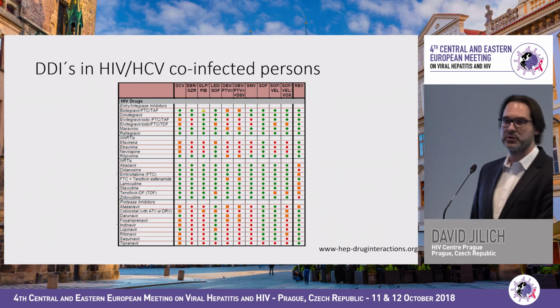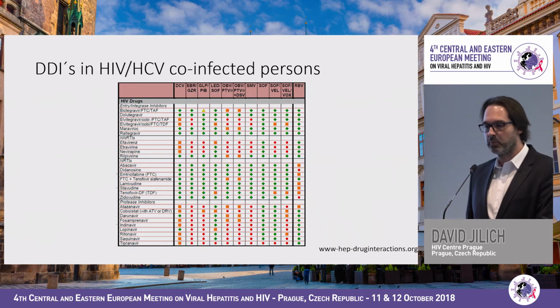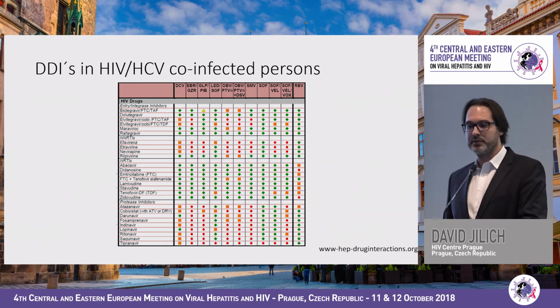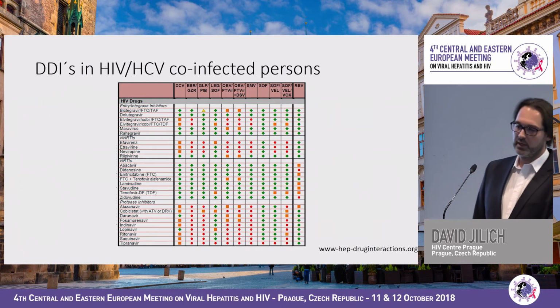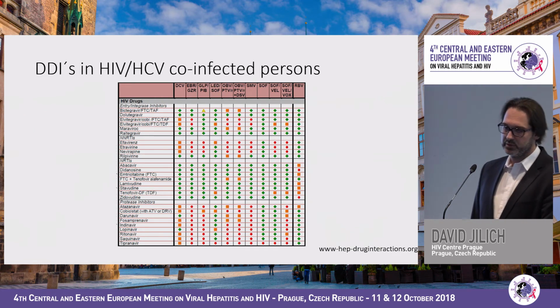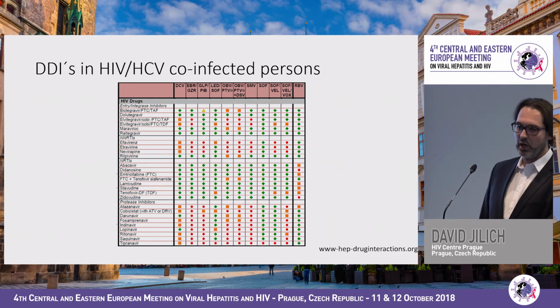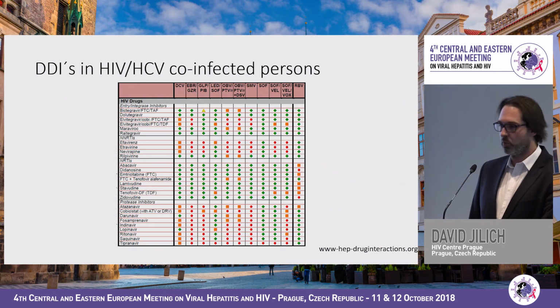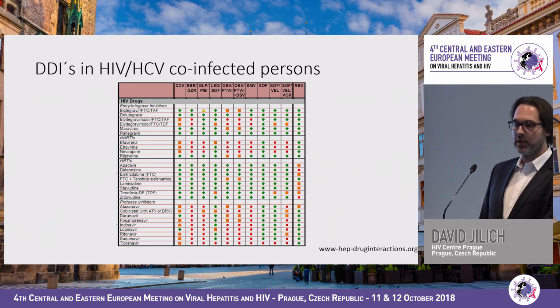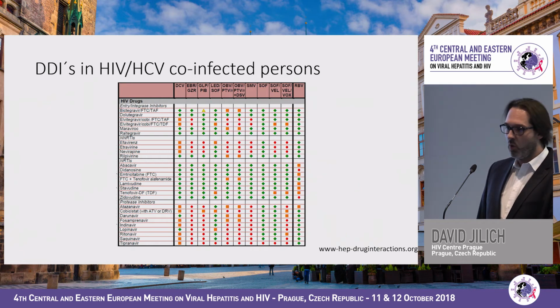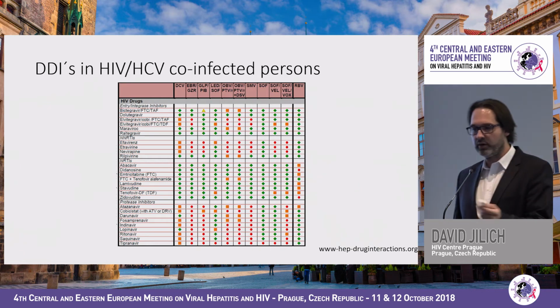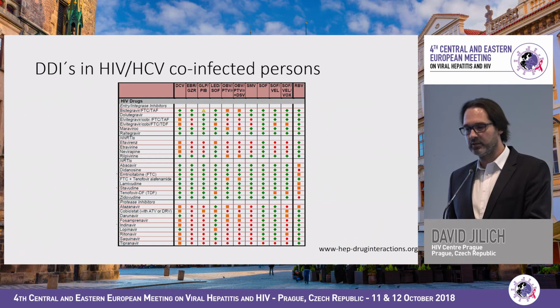And it is the decision of a clinician whether we will prefer to remain on the former HIV regime and let it influence the choice of treatment option for Hep C, or we will prioritize the Hep C treatment and change the HIV drug regime temporarily for the period of HCV treatment.